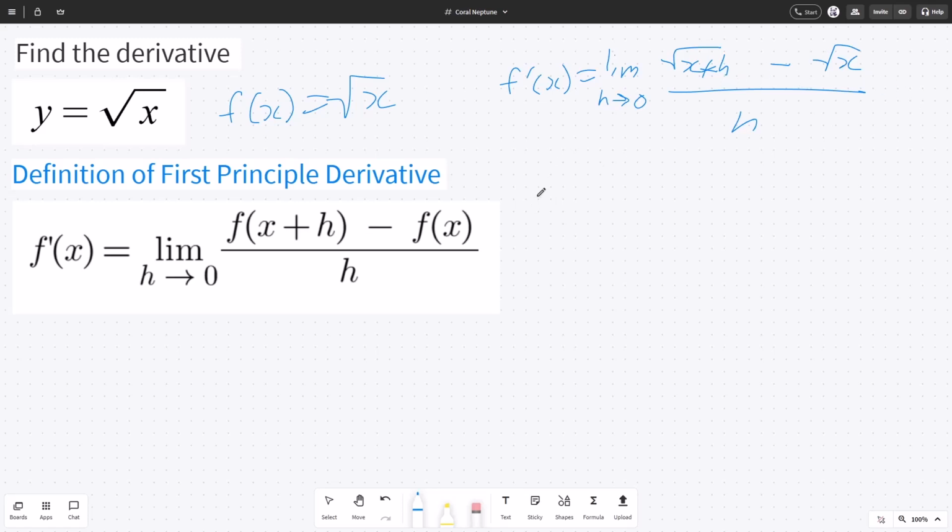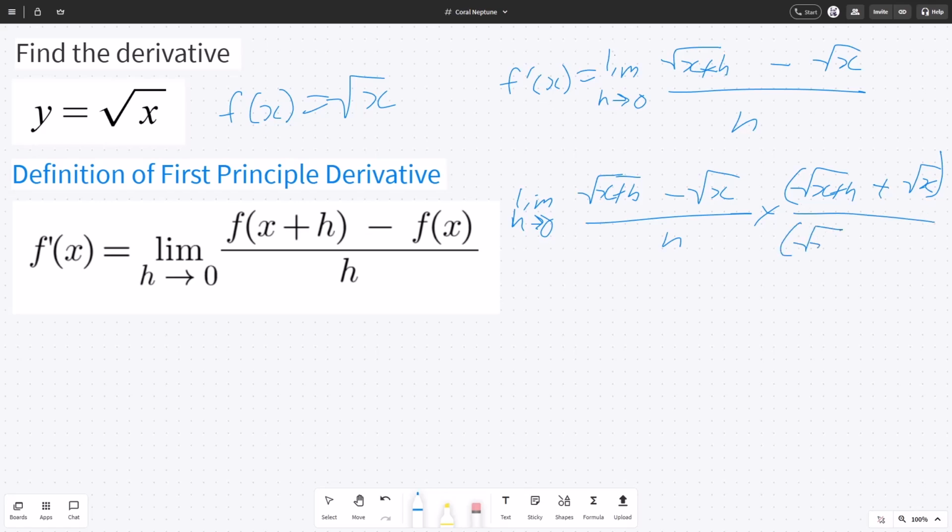So I'm just going to say the limit as h approaches 0 of root of x plus h minus root x all over h, multiplied by root of x plus h plus root of x on top, and root of x plus h plus root x in the denominator.